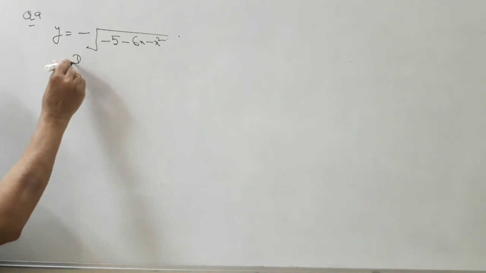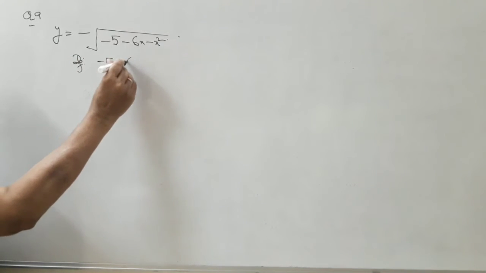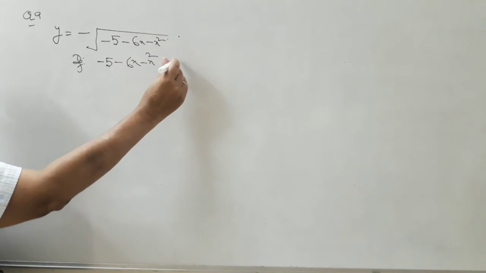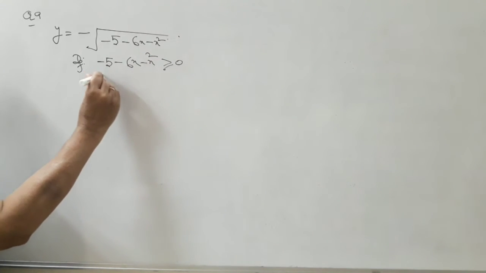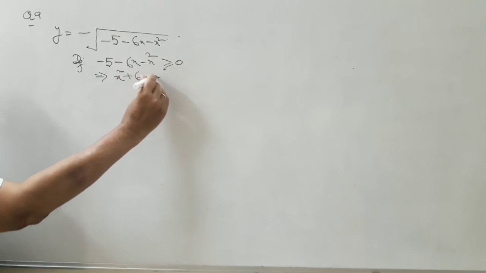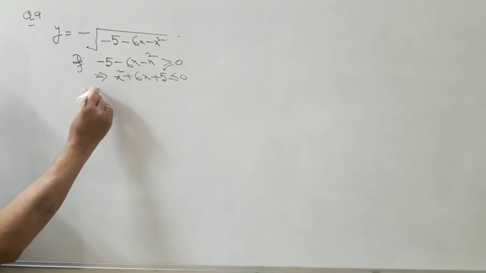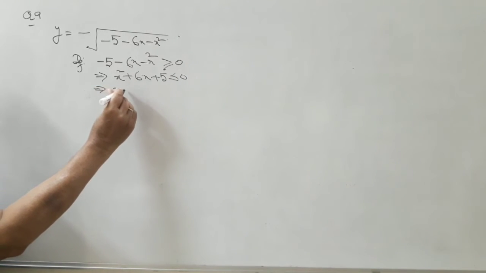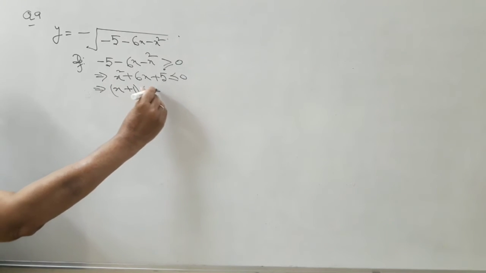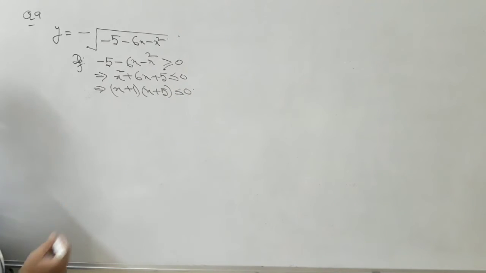So for the domain of the function, minus 5 minus 6x minus x square is positive at the most 0, so x square plus 6x plus 5 less than equal to 0 implies x plus 1, x plus 5 is less than equal to 0.